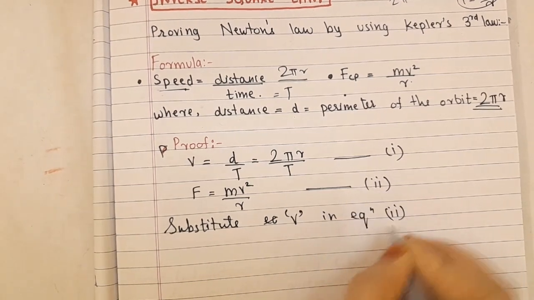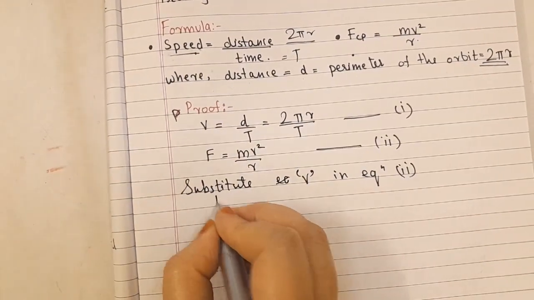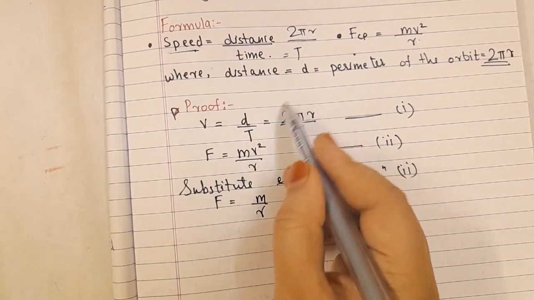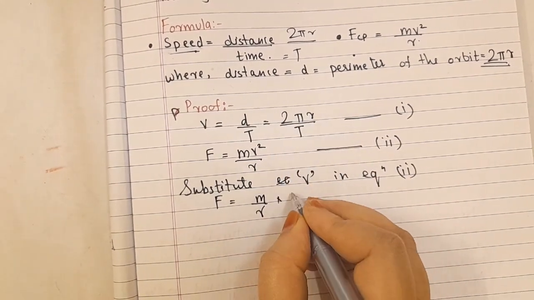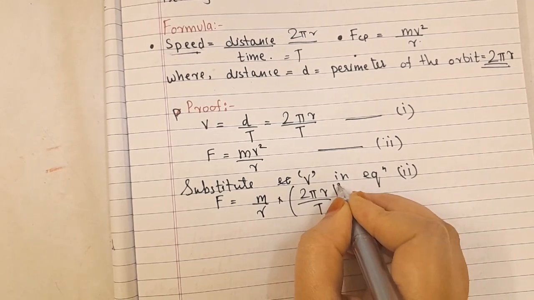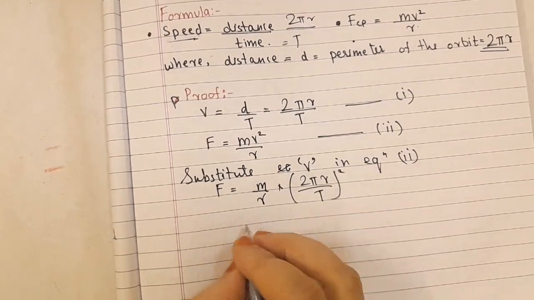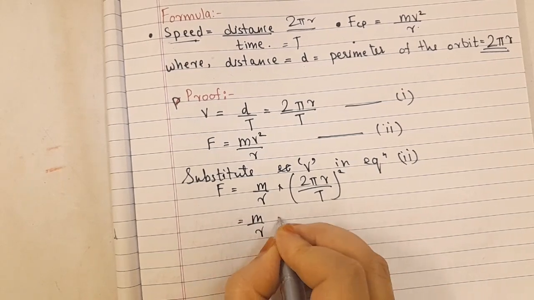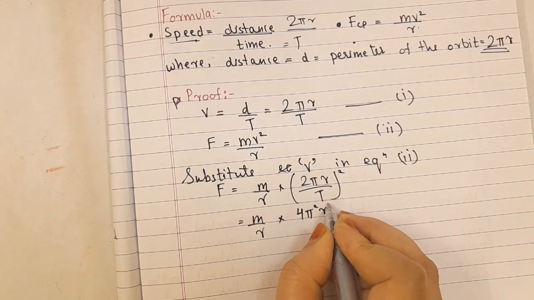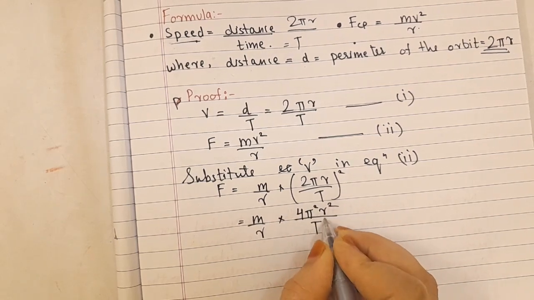So we will get F is equal to m upon r, multiplied by 2 pi r upon t whole square. Now let's do this square. m upon r into 4 pi square r square upon t square.